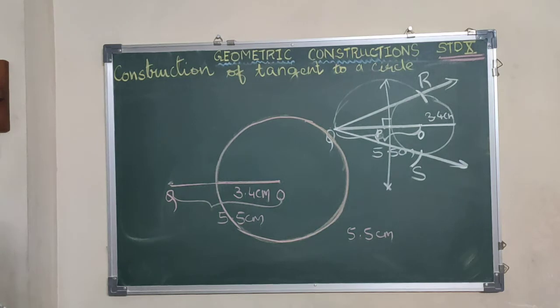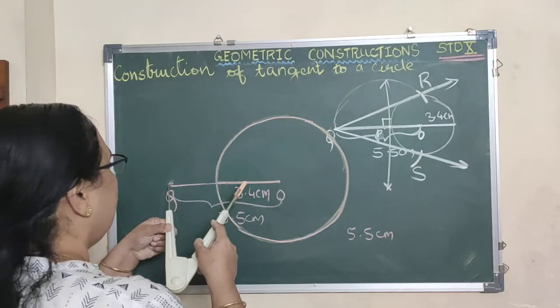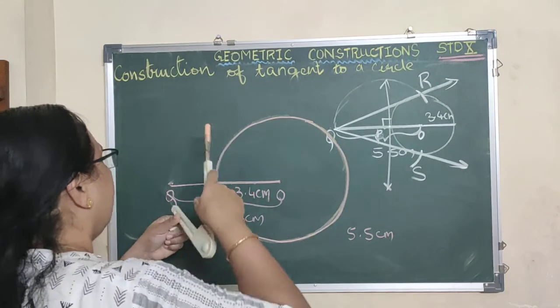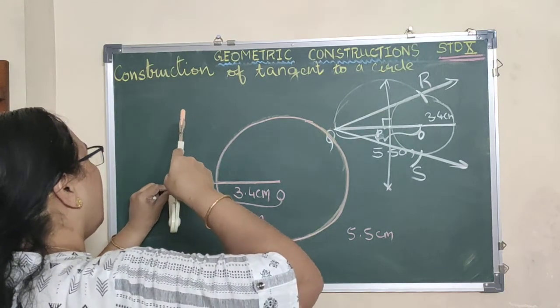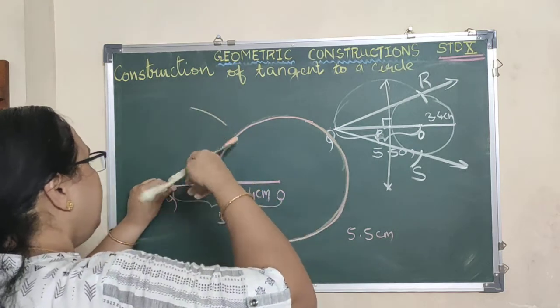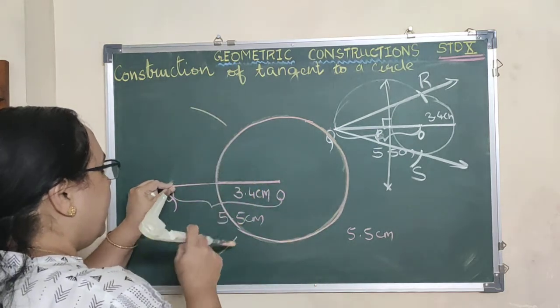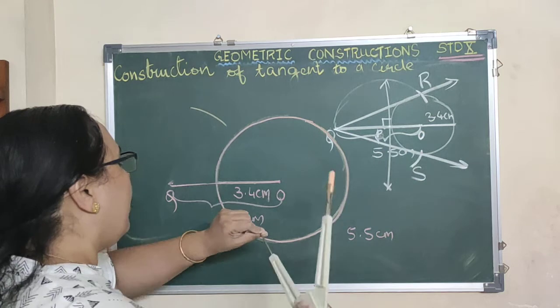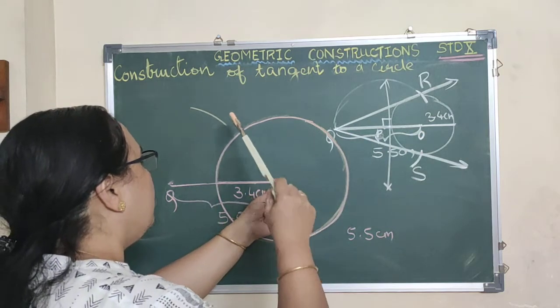It doesn't matter because we are not drawing a tangent now. We are drawing a perpendicular bisector of segment OQ. So we take more than half. We draw above the segment and below the segment.